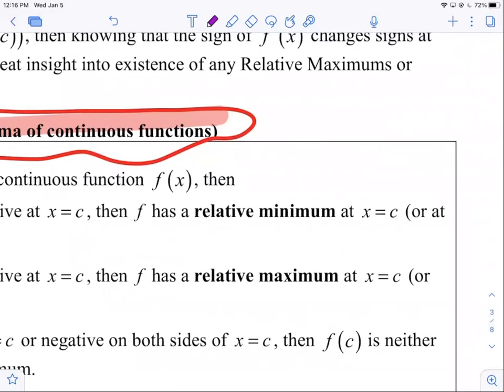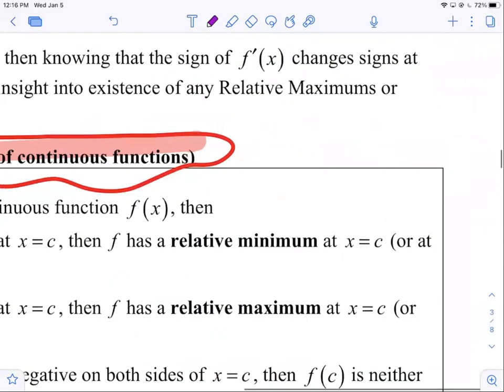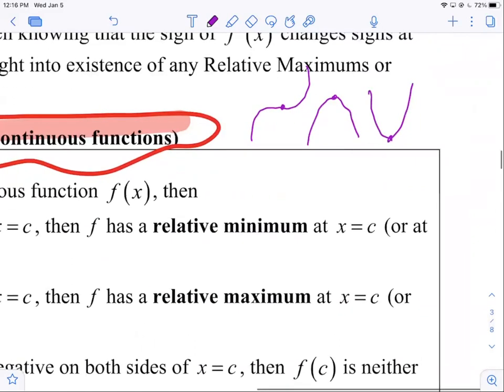Now, not every critical value is going to be a local max or min, right? We talked about how you can have a horizontal tangent like this. That's not one, but it could be like this, or it could be like this, or like this. In each of those cases, those dots occur at critical values.